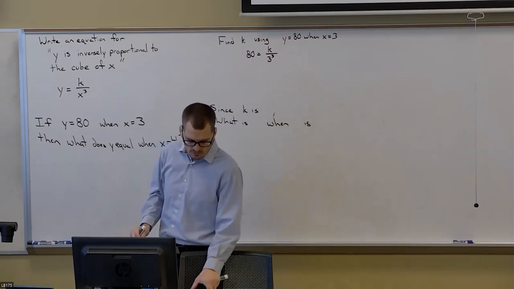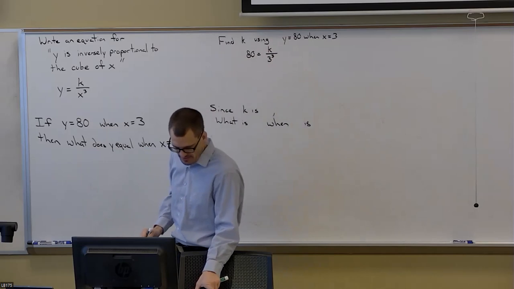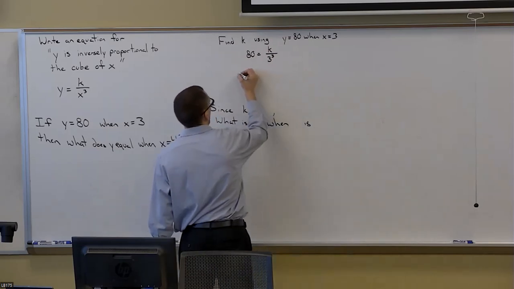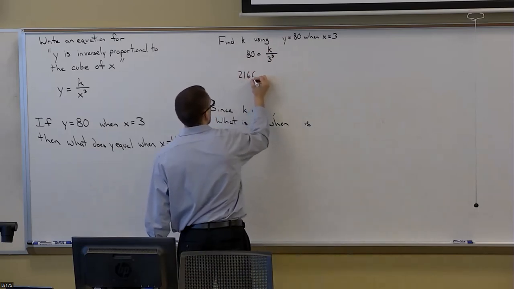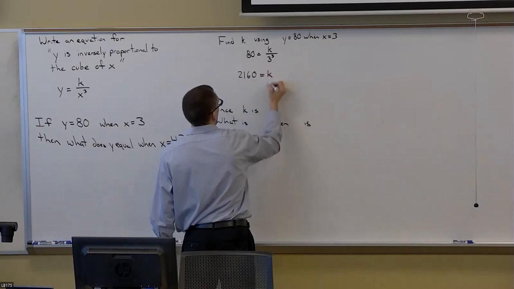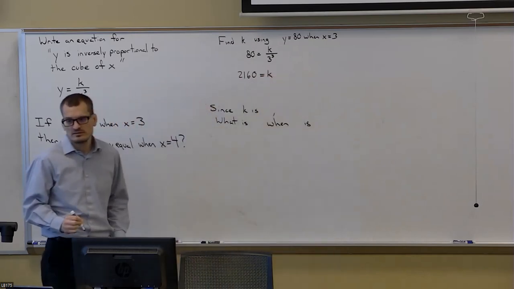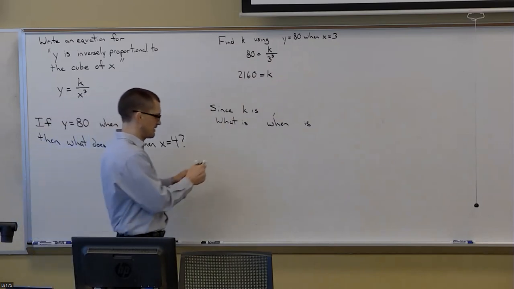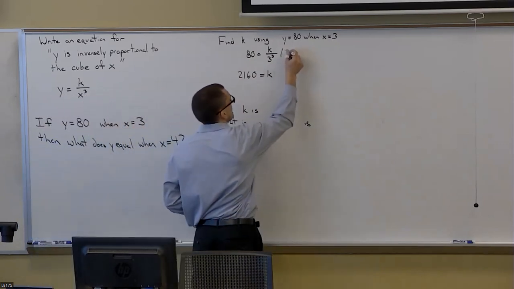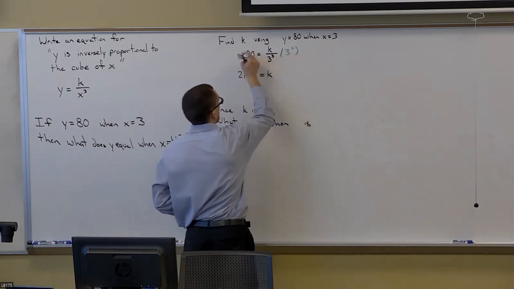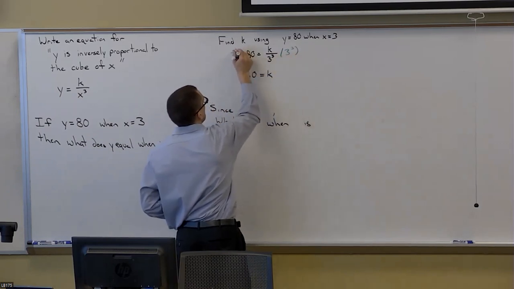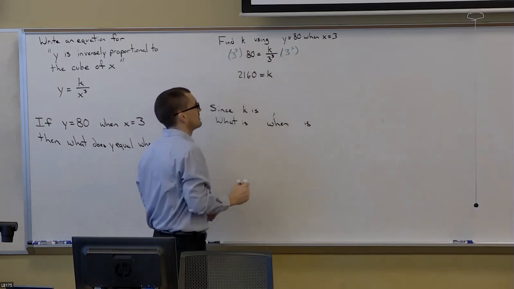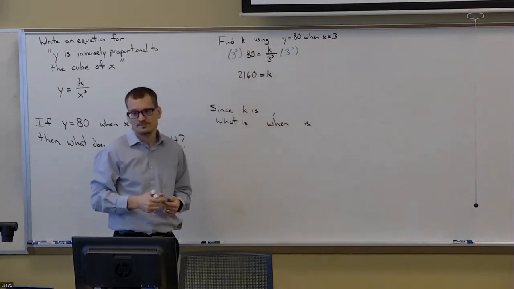And if I multiply both sides by 3 to the third power, I get a k of 2160. Is that right? So just multiply by 3 to the third on both sides, or 27. That's what 3 to the third is.